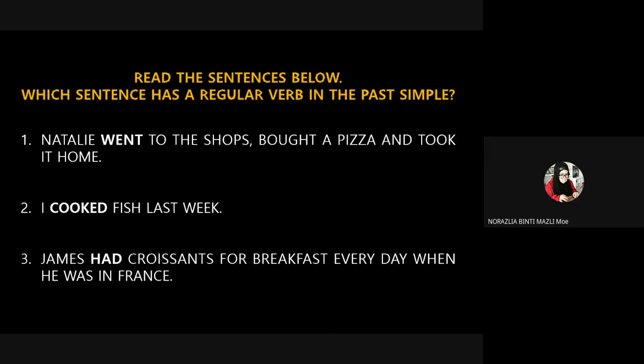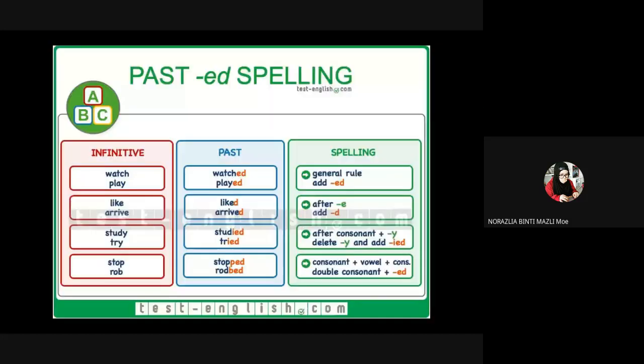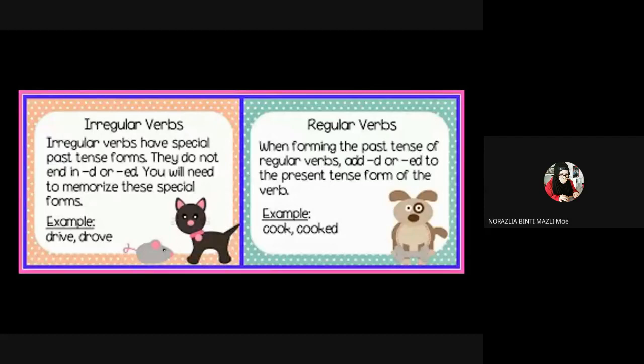Okay, so I asked four students and I have two different opinions. Okay, class, again. Let me show you. Irregular verbs have a special past tense form. They do not end in D or ED.